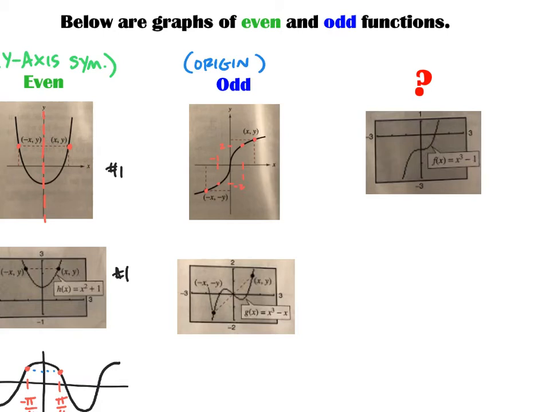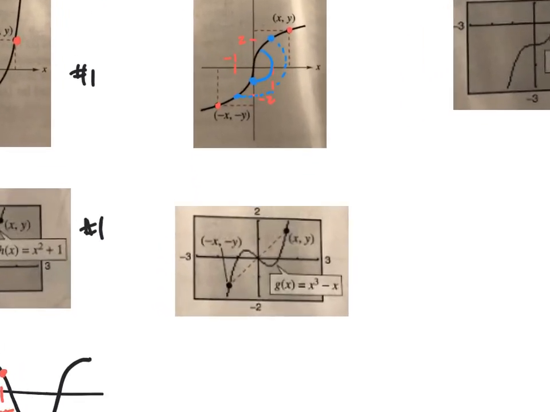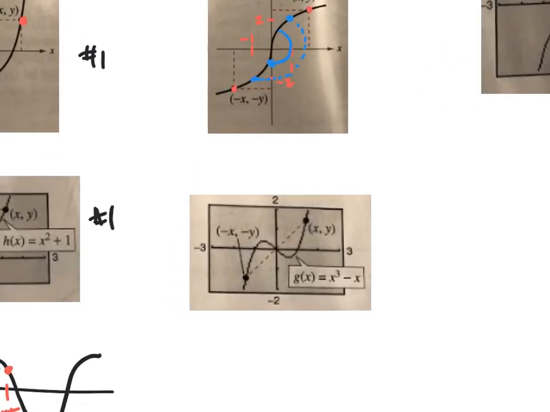Now, the reason this is called origin symmetry is because if I were to rotate this point about the origin 180 degrees, and it wasn't a perfect rotation, it would match up with the other point. Likewise here, you can see in the second example, g of x is x cubed minus x.